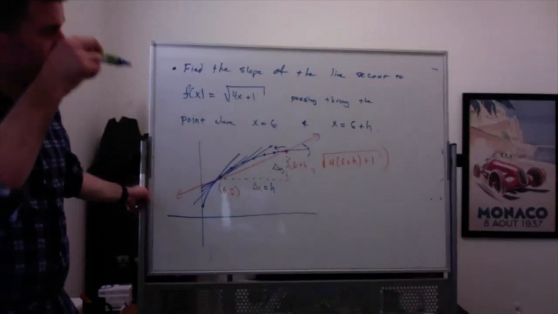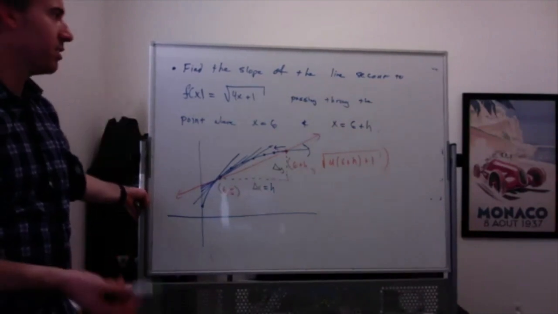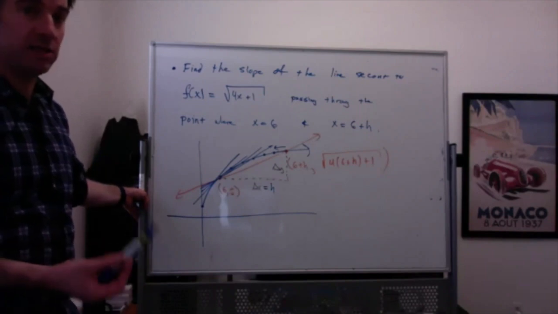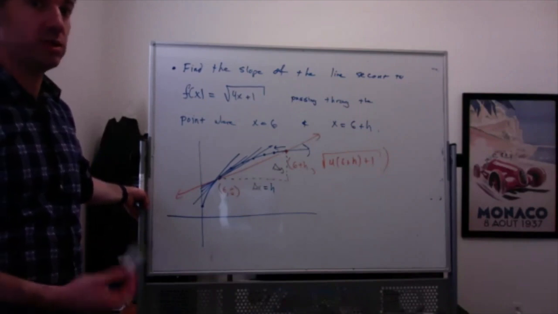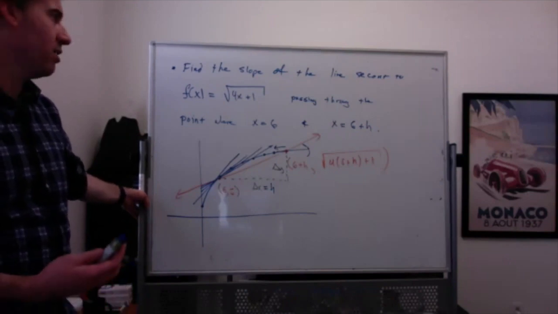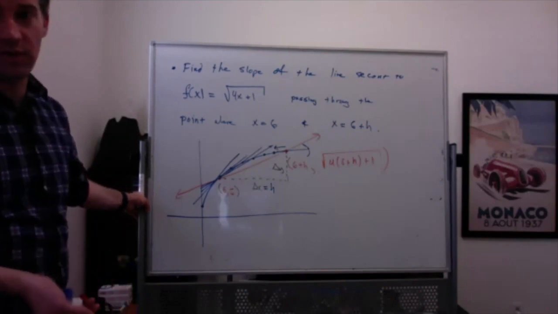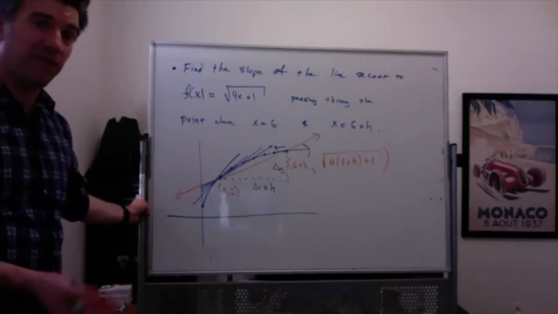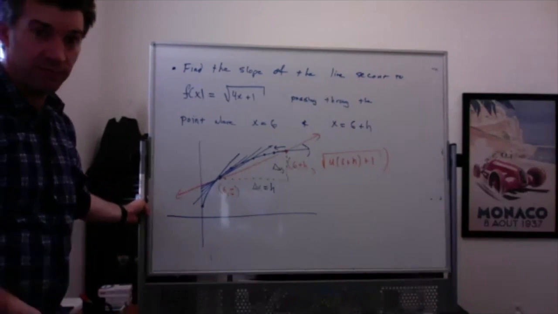And so, again, the slope of the tangent line is the limit as h goes to 0 of the slope of the secant lines. And where we're moving with this is towards a definition of a derivative.